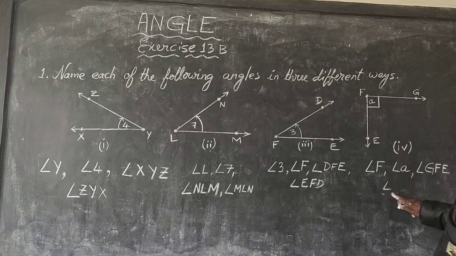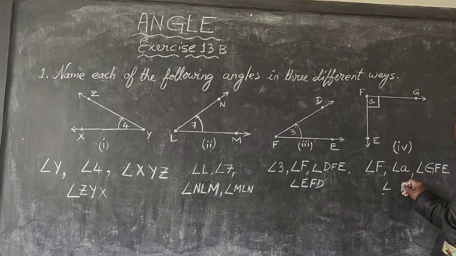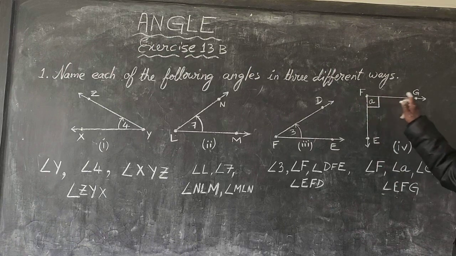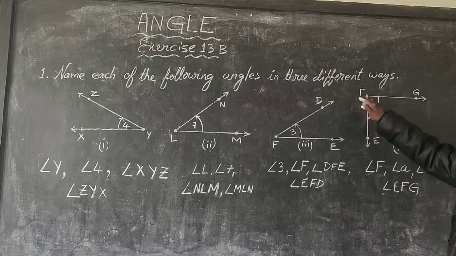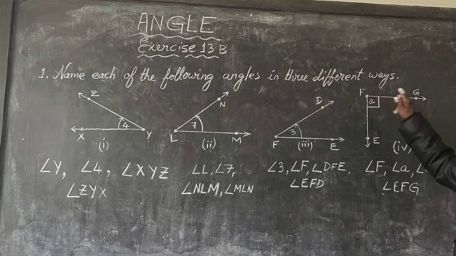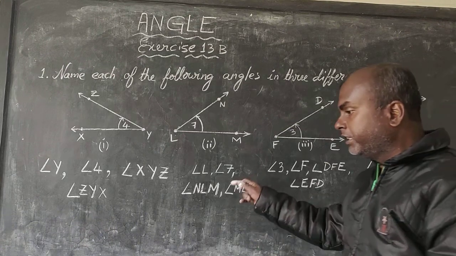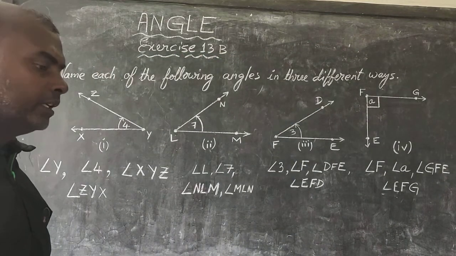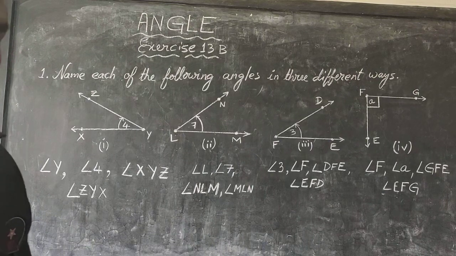And another method is keeping F in the center only, but now EFG. You can start from here, GFE, or you can start from here, EFG. In both cases, F will be in the middle. So for all these angles, I have given 4 names. You select any 3 names and write according to the question asked in the book.